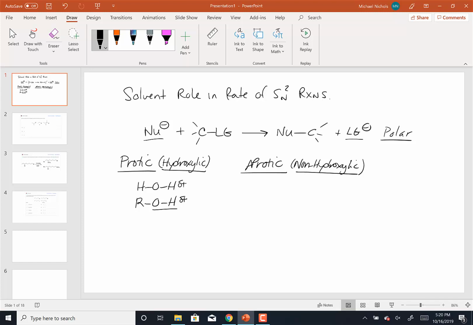The aprotic solvents are things that don't have hydroxyl groups but are still polar. The one that we use a lot in lab is acetone. But there are others. Sometimes diethyl ether is classified as a polar aprotic solvent.